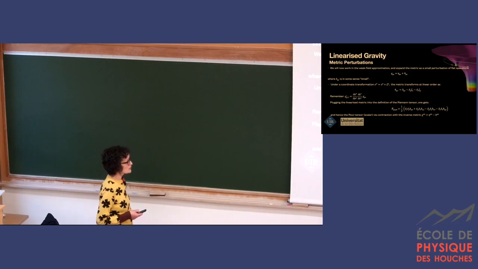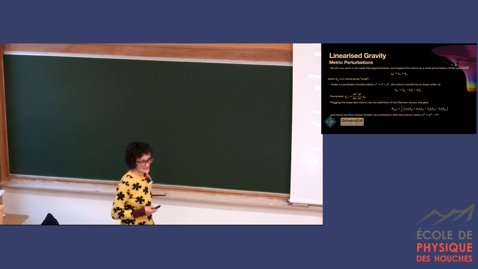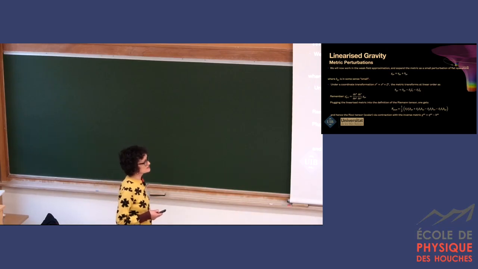First of all, we know that because of covariance, we can apply a coordinate transformation, keep the physics the same, but maybe transform our equations into a form that is simpler to solve. So we do this, and remember, we said tensors transform this way. So by simply taking partial derivatives of this transformation, I can get how the perturbation transforms.